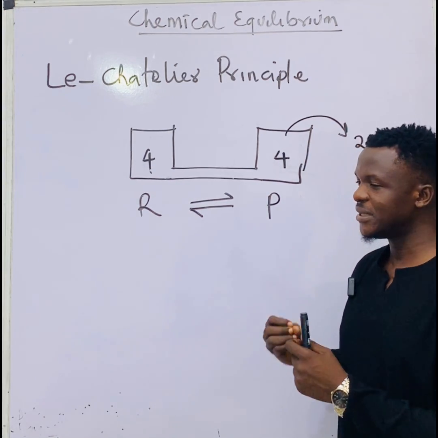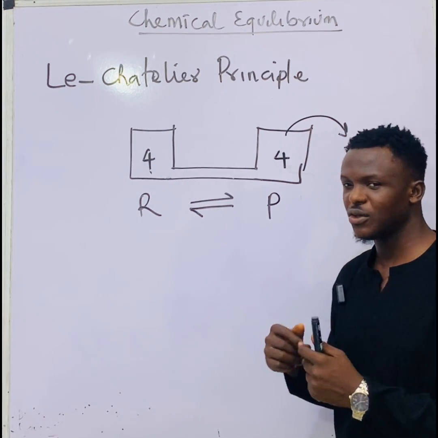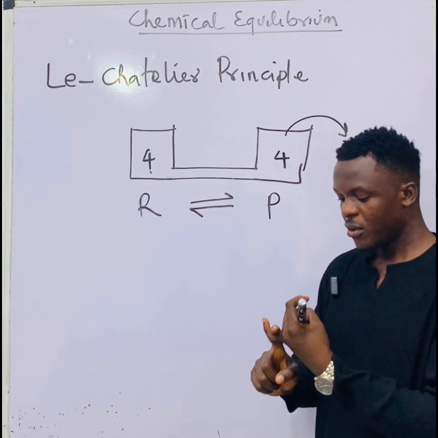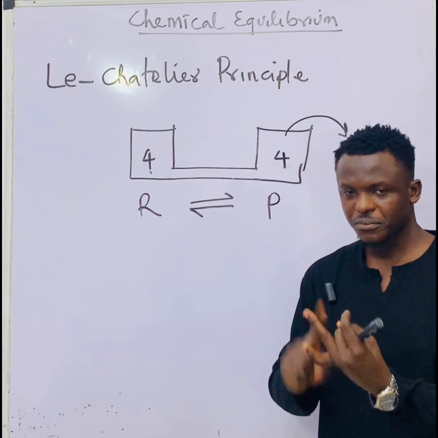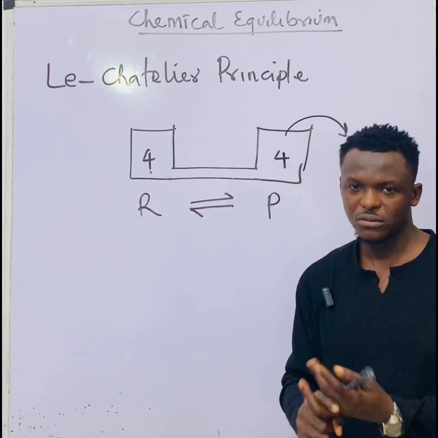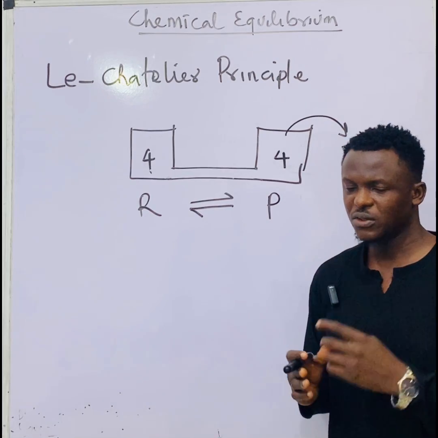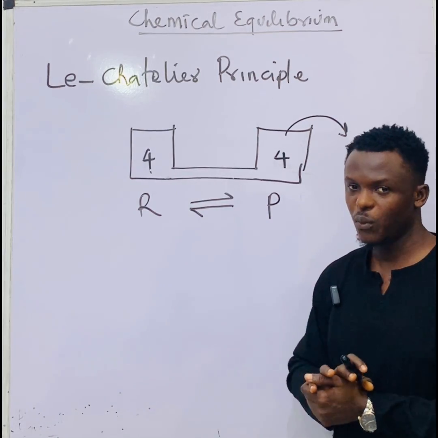So when we say a system is disturbed, disturbance in this case is not using a cane to pursue a person. No, it's basically either you increase the concentration, the pressure, or the volume. But in today's class, I'm just going to be talking about 2 factors that affect chemical equilibrium.